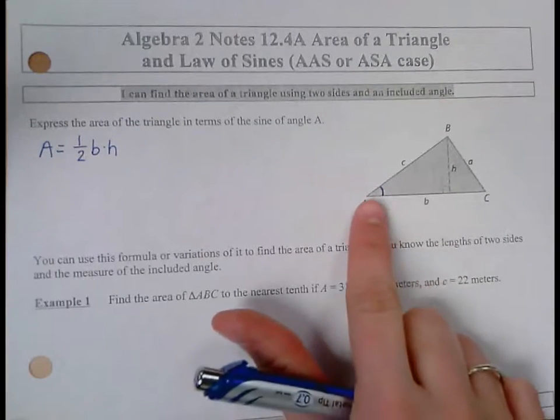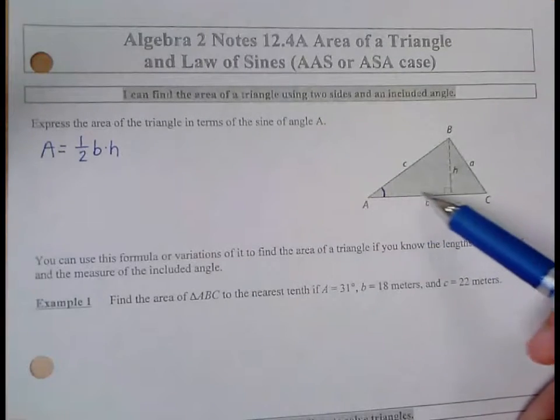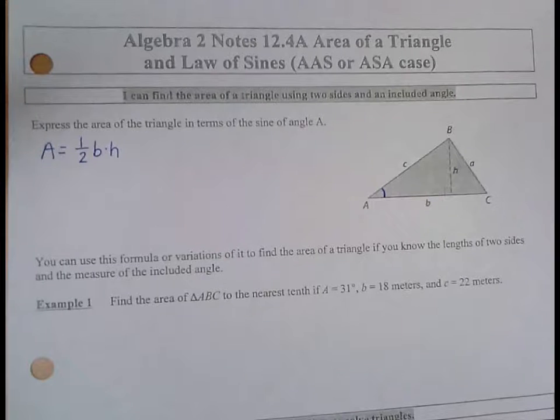But looking at just the right triangle that you see, what is the ratio for sine of an angle in terms of opposite, adjacent, hypotenuse? What is sine? Opposite over hypotenuse.